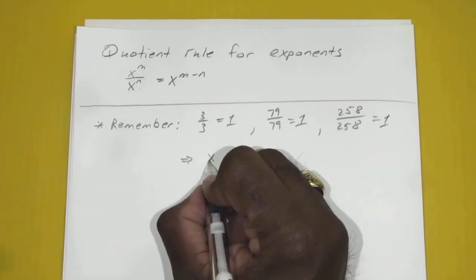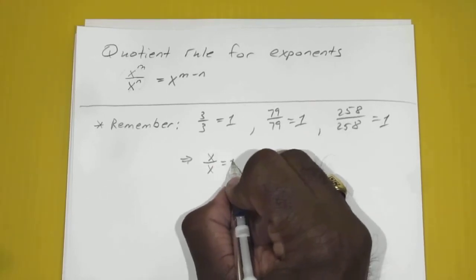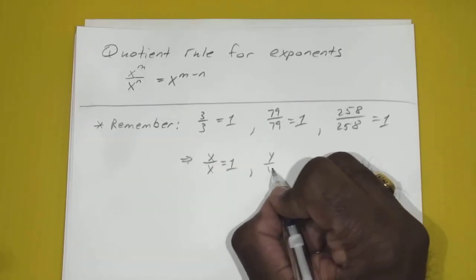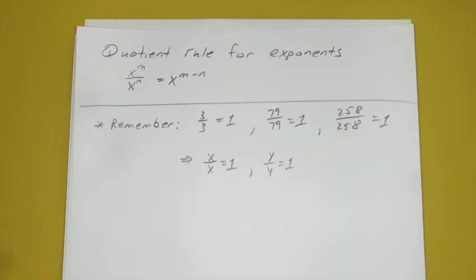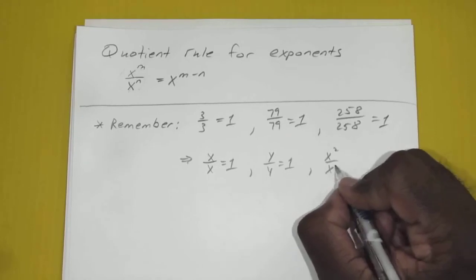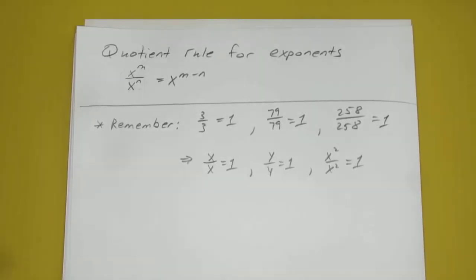So that means x over x is going to equal 1. Y over y is going to equal 1. Let's say x squared over x squared is still going to equal 1. We don't know what it is, but we know when you divide anything by itself, it's always going to be 1.